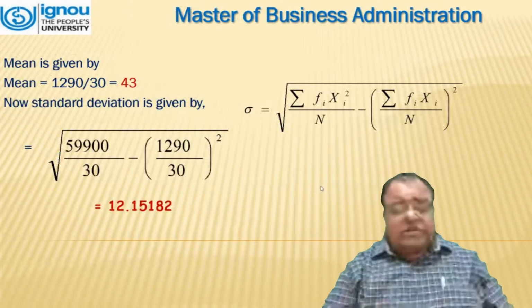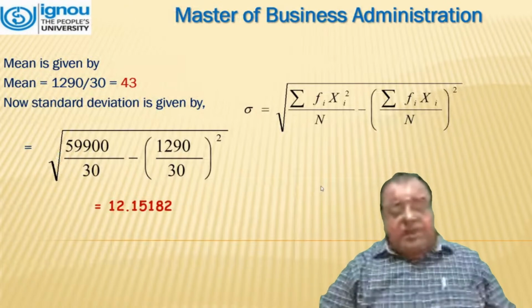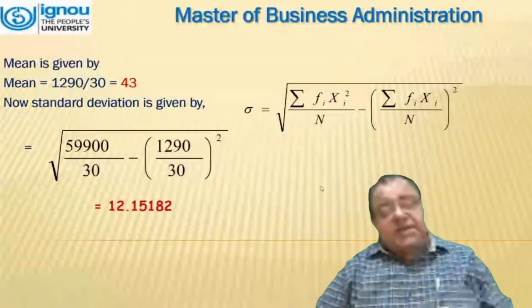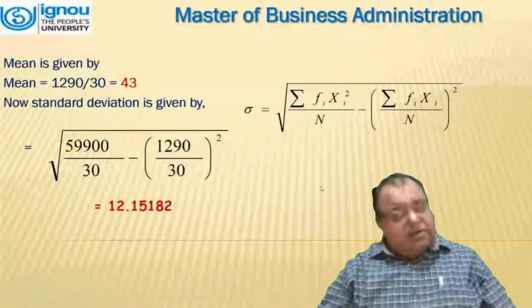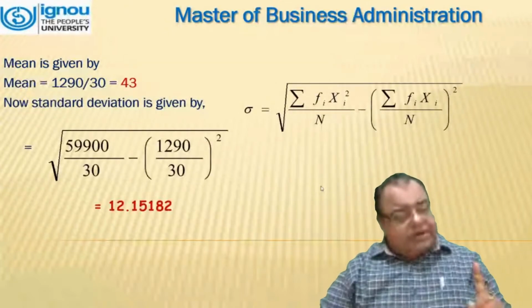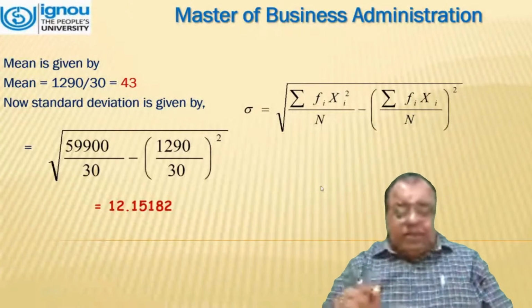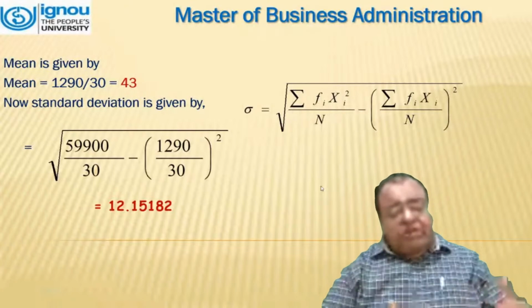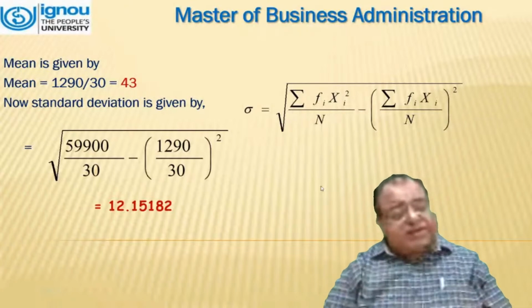Straight away we will be using the square root of summation fx square by n minus (summation fx upon n) square. Summation fx square is 599, divided by 30, minus (1290 divided by 30) whole square. After calculating, we are going to get standard deviation as 12.15.